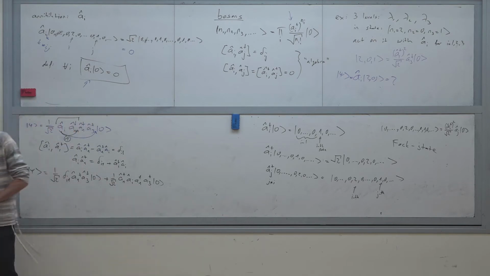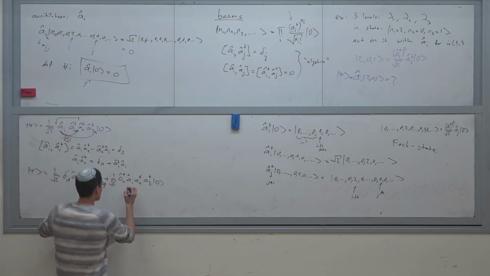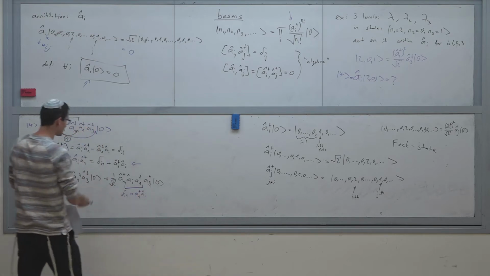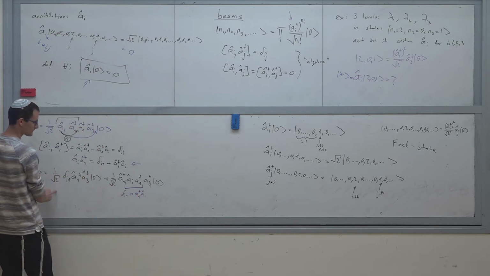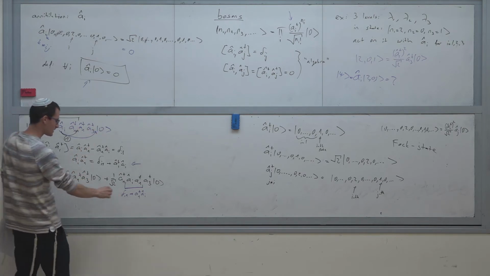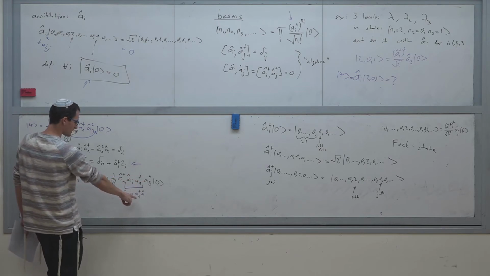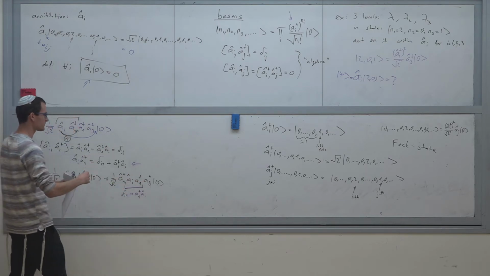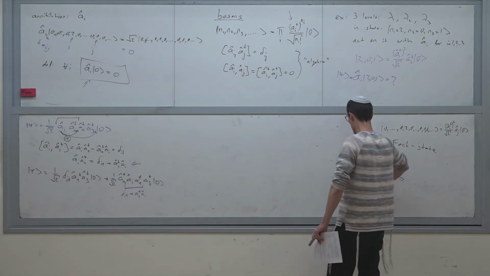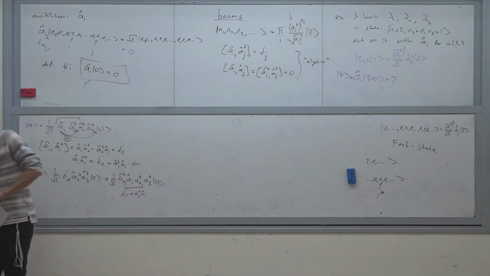We can replace this product by the same commutator again. So we get another delta I1 plus A1 dagger AI. And we'll get another extra term, which is exactly the same as this term, the one with the delta. And the third term that will come out of here will have the annihilation operator moved another step forward. Let's do that.